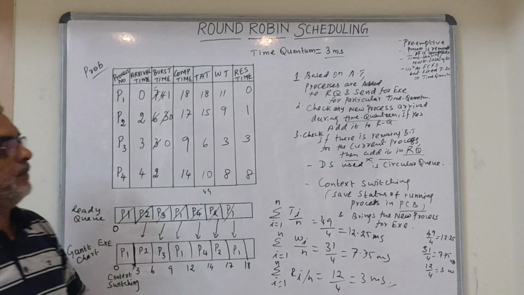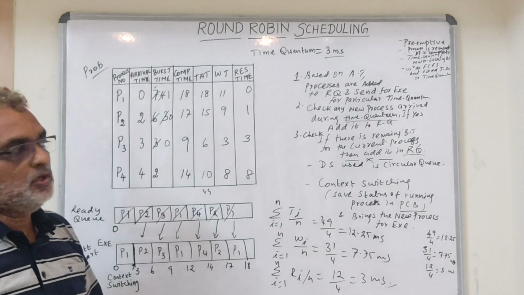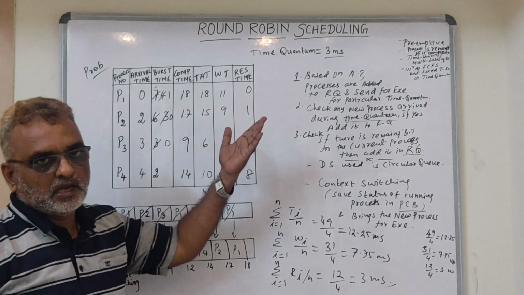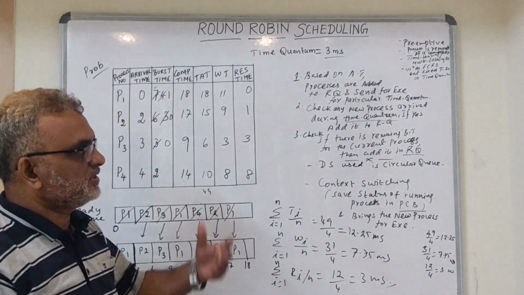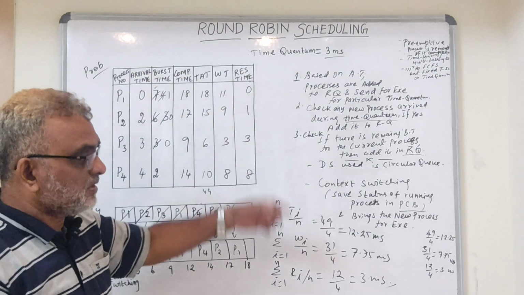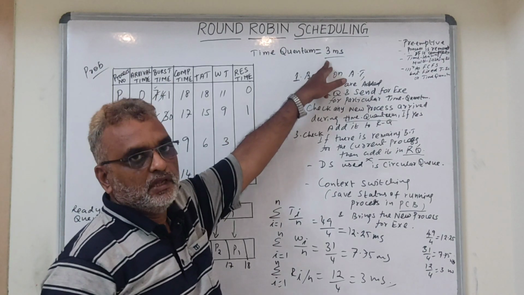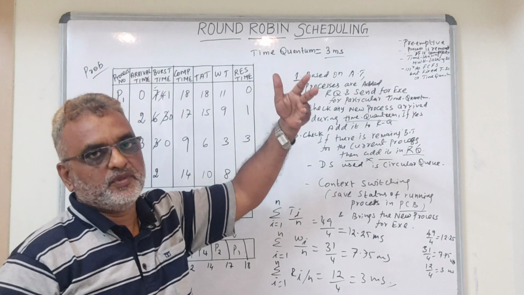So we have discussed the round robin technique. It is a preemptive type, and as I said, it is very similar to the first come first serve algorithm, with a small difference. Suppose I increase the time slice to 10 or 20, what will happen?